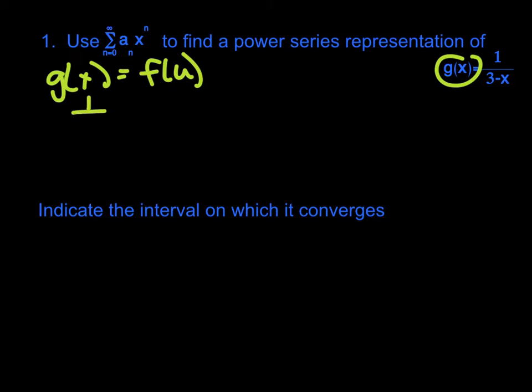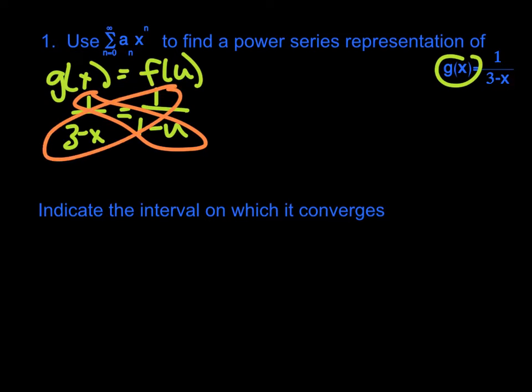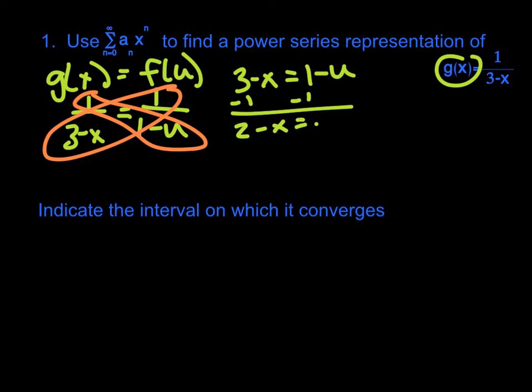So my 1 over 3 minus x, we know if it's a power series, equals 1 over, instead of it being 1 over 1 minus x like it was on the last screen, we're going to make it 1 minus u. So if I solve for u, we have 3 minus x equals 1 minus u. Subtract 1, that gives us 2 minus x equals negative u.